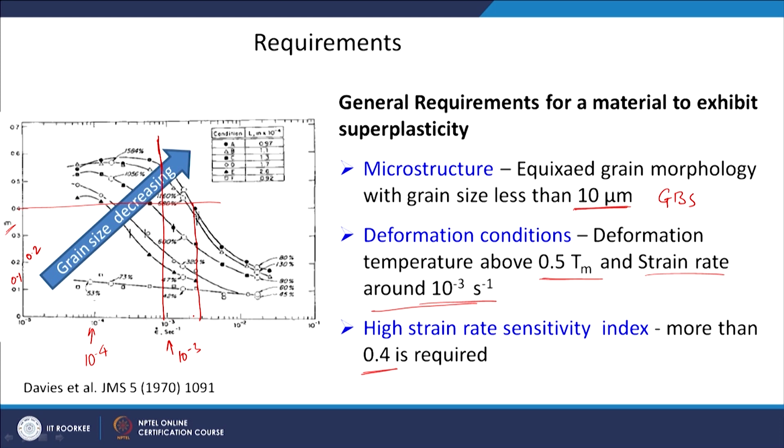So, if you can reduce grain size further, you can still go to higher strain rates. So, the effect of grain size is very strong, that by reduction of grain size the m increases, and also the window for high strain rate sensitivity shifts towards the high strain rate. That means, I can deform at a higher strain rate, that means the time for deformation will be smaller now.